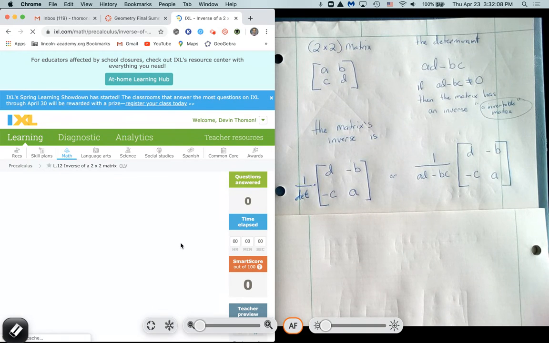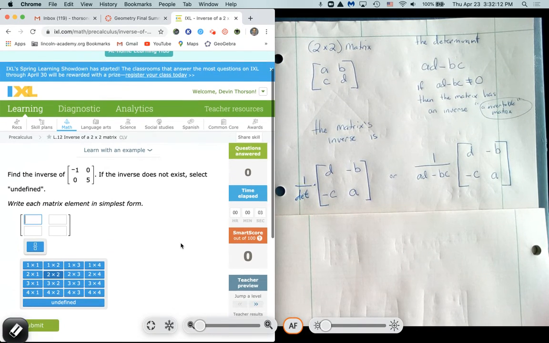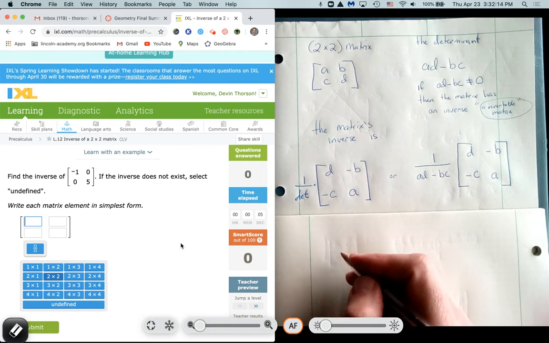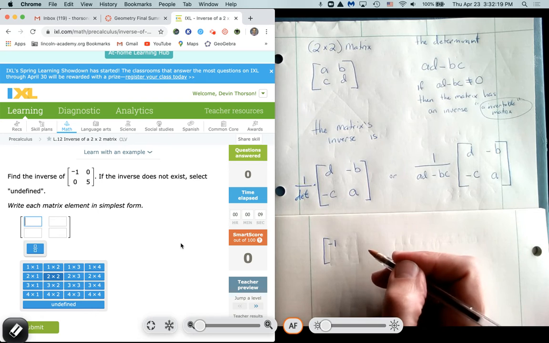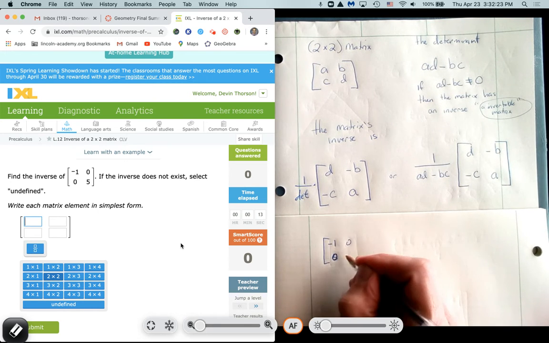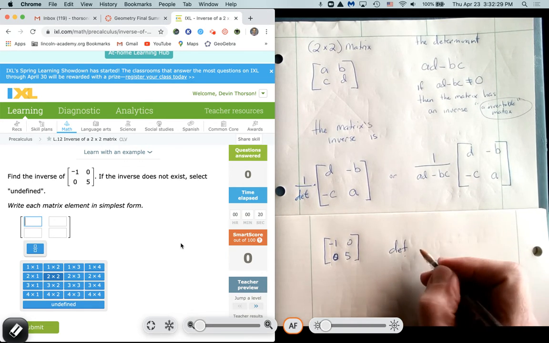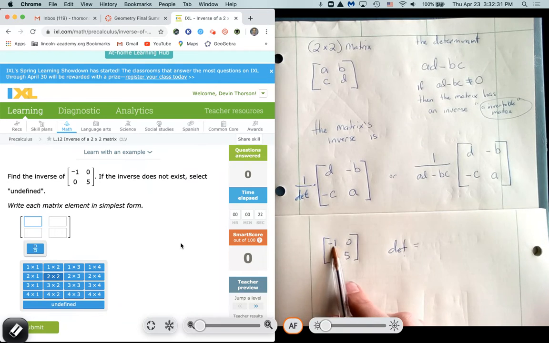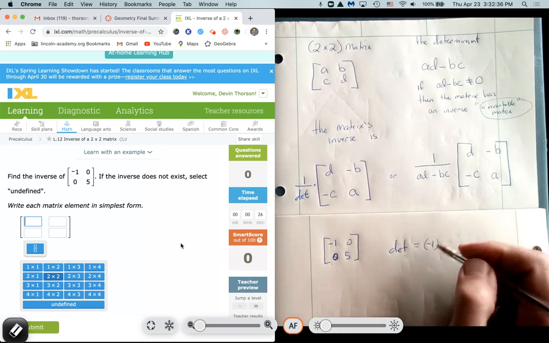And they start out very, very simple, because they start out with a diagonal being 0. So the first thing I do is on a piece of paper, I'm going to write down that matrix: -1, 0, 0, and 5. And the first thing I'm going to do is determine the determinant, which is equal to A, which is -1, times D, which is 5.